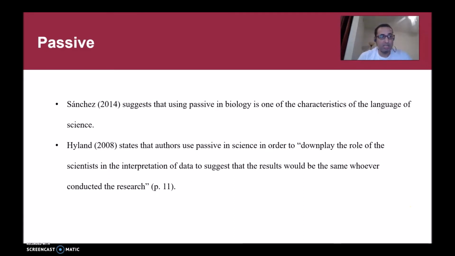Sanchez and Hyland suggest that passive in biology is one of the characteristics of the language of science, as scientists and researchers try to talk about processes, and also they try to interpret data from their research.